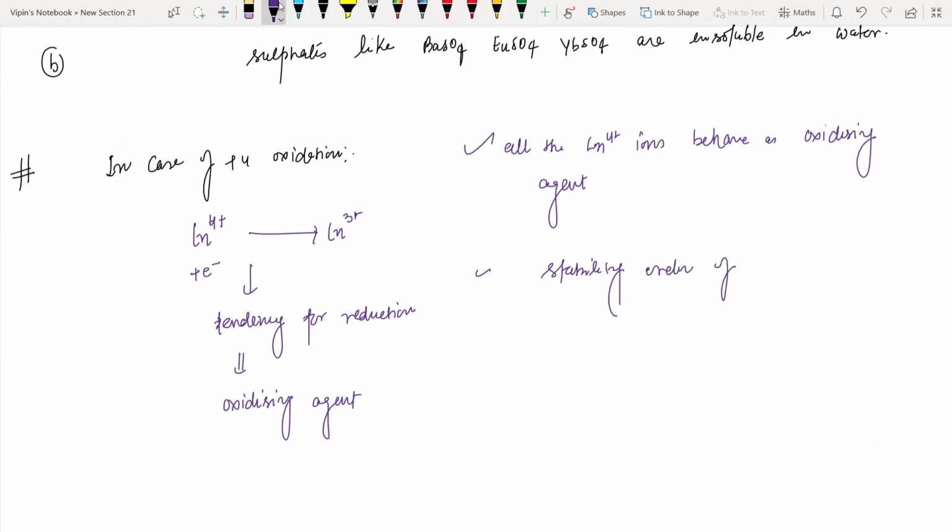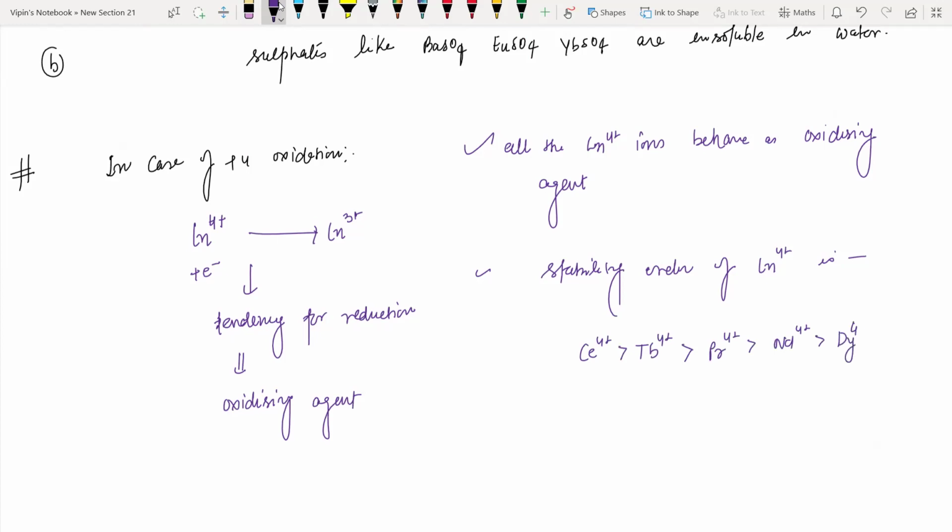The stability order of Ln4+ ion can be given as follows. Here we can write the stability order for Ln4+ ion: cerium 4+, Tb 4+, Pr 4+, neodymium 4+, and Dy 4+.